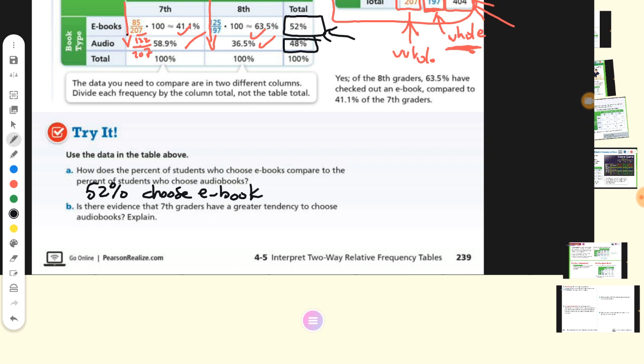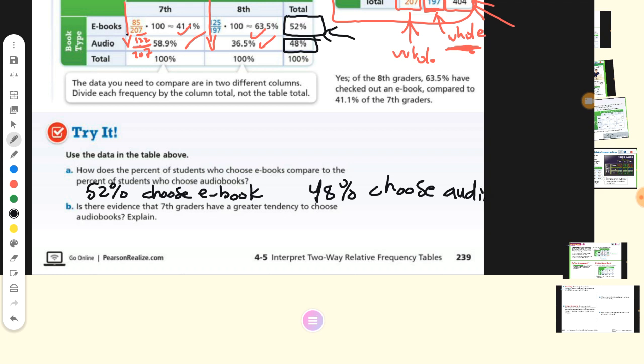This is the total, because I don't care about the grade. I ask about who likes ebooks and who likes audiobooks, the total of all. So it's 48% who choose audiobook.